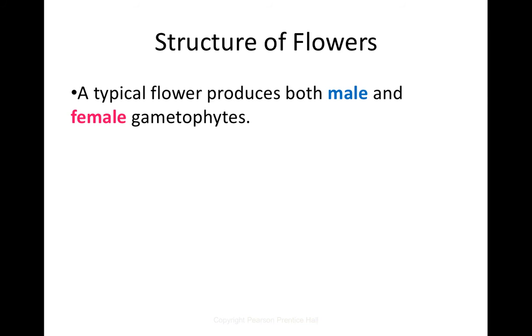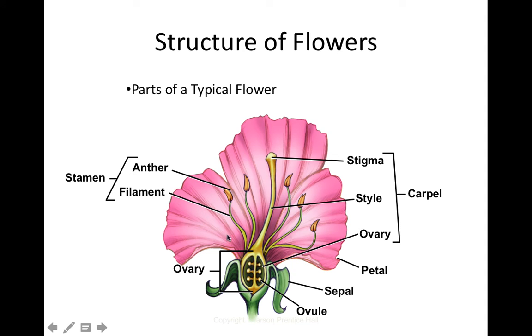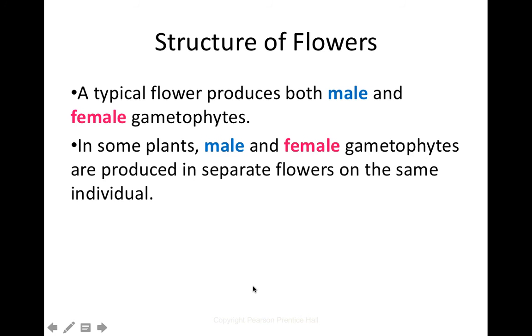So usually a typical flower has both male and female gametophytes, right? Because we have the male gametophytes being produced here in the stamens, in the anthers, and then the female gametophytes are being produced here in the ovary, in the ovules. However, there are some plants where male and female gametophytes are produced separately.